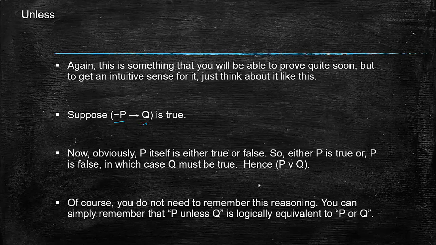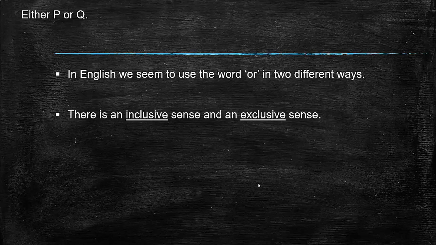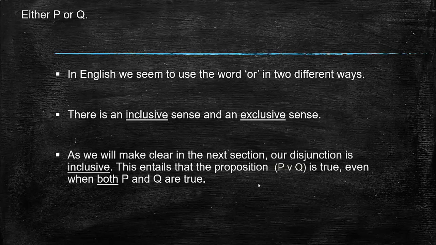Of course, you don't need to remember this reasoning. You can simply remember that P unless Q is logically equivalent to P or Q. It helps to remember the reasoning, though, because it's such an unintuitive equivalence that you might start questioning yourself. Well, in English, we seem to use the word or in two different ways. There's an inclusive sense and an exclusive sense.